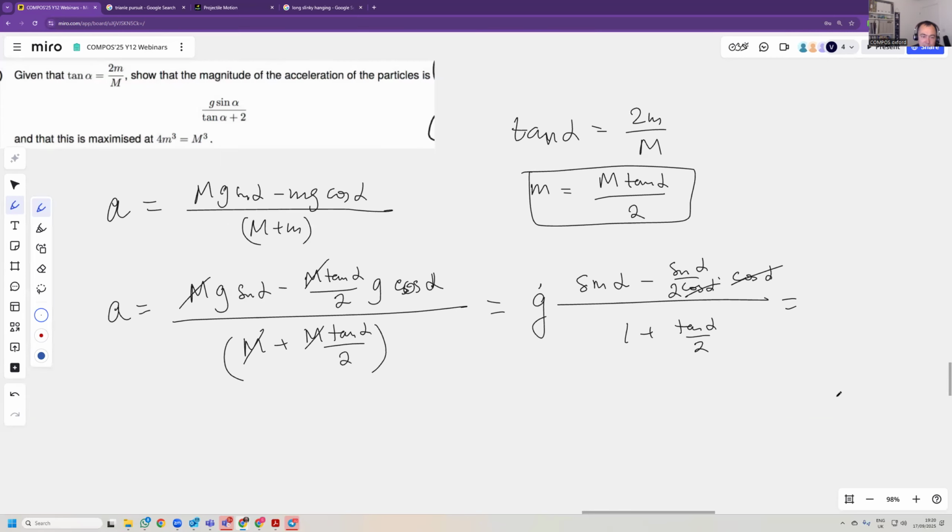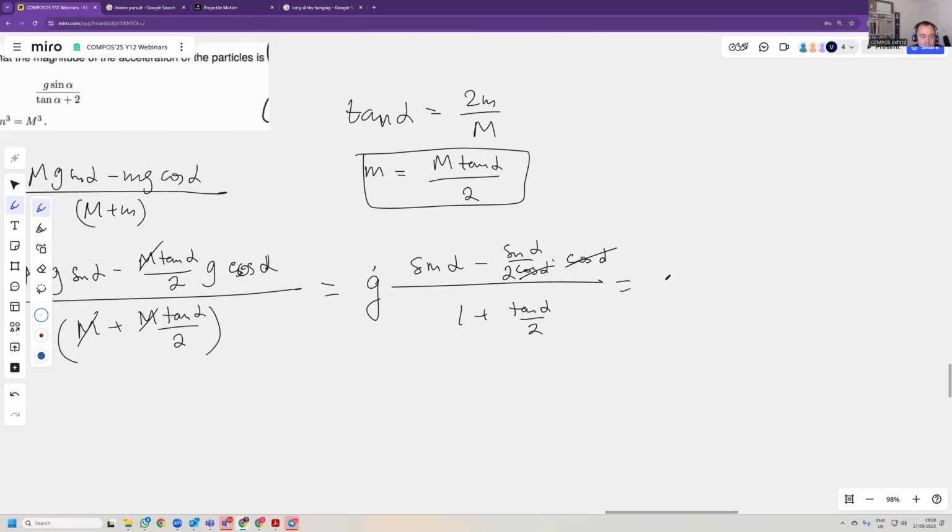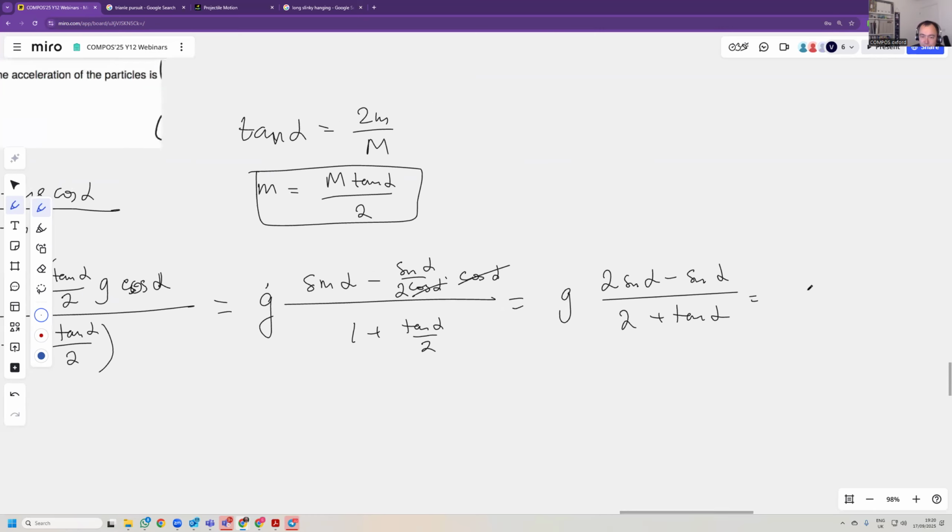So multiply both sides by 2. So that's going to be g 2 sine alpha minus sine alpha divided by 2 plus tan alpha, equals g sine alpha divided by 2 plus tan alpha.